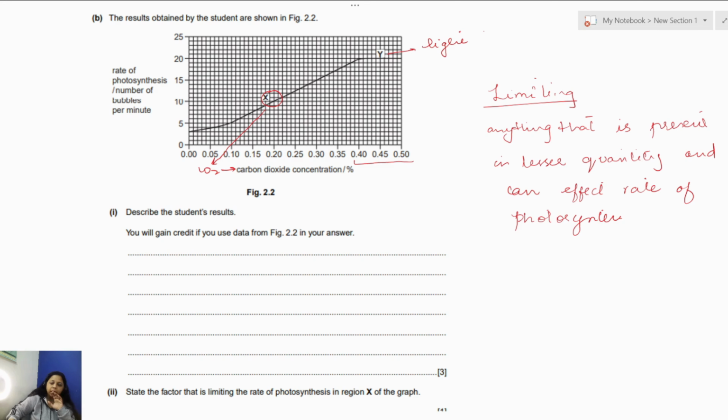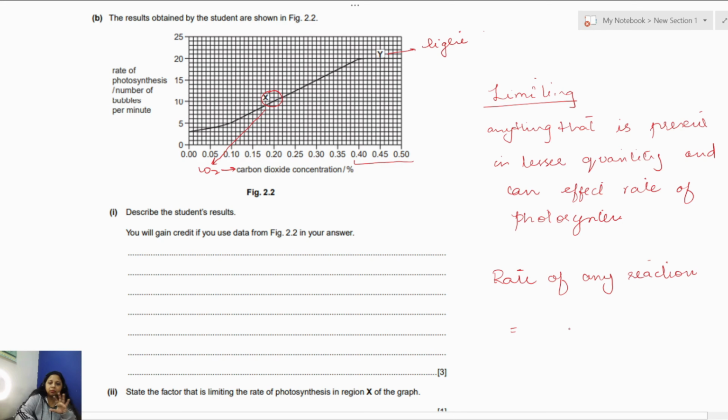Do you know how to calculate the rate of photosynthesis? How do you calculate it? How do you calculate the rate of any reaction? Rate of photosynthesis, rate of respiration, or anything. Let's say rate of any reaction in biology. It's the same.